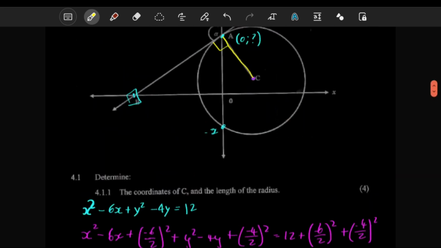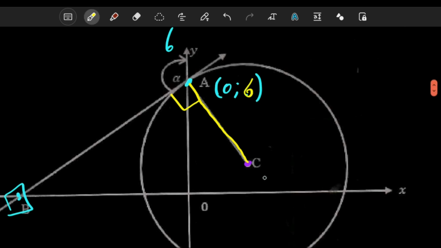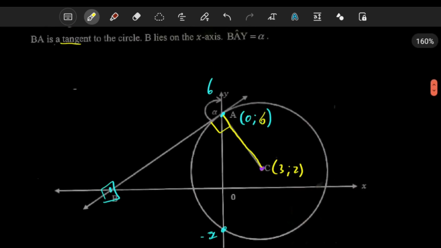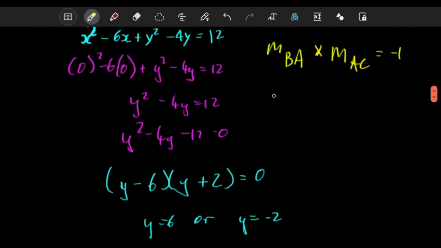The gradient of AC, we can just use the gradient formula. You see this value here, we now know that it is a 6. We have worked it out. C, we worked it out to be a 3 and a 2. So the gradient of AC is equal to y2 minus y1 over x2 minus x1.